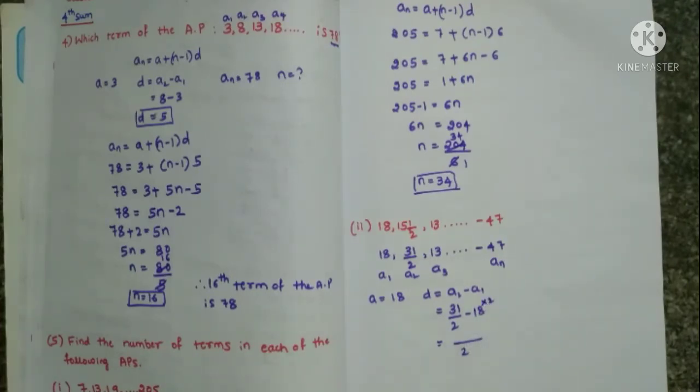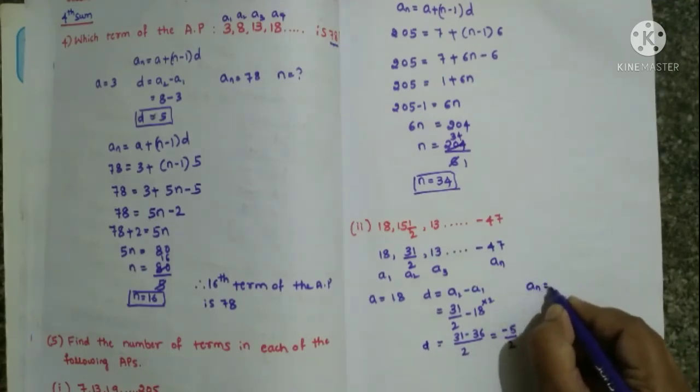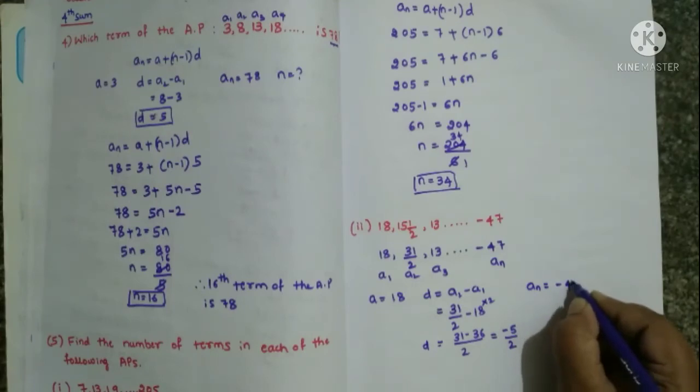If you multiply 2 there, what will get it? 31 minus 18 to the 36. So you will get answer 31 minus 36. Bigger number is 36. Here it is containing negative sign. So minus 5 by 2. D will come negative. D equal to minus 5 by 2 and AN is equal to minus 47.